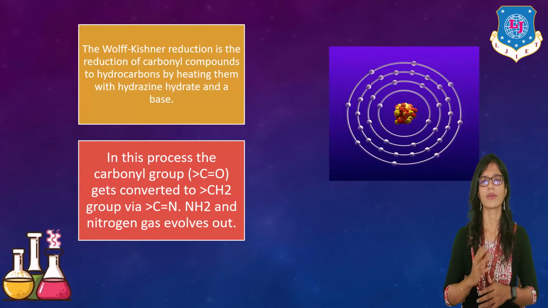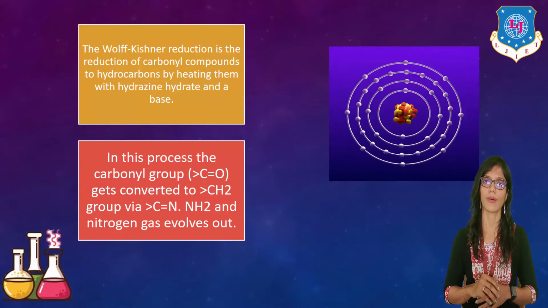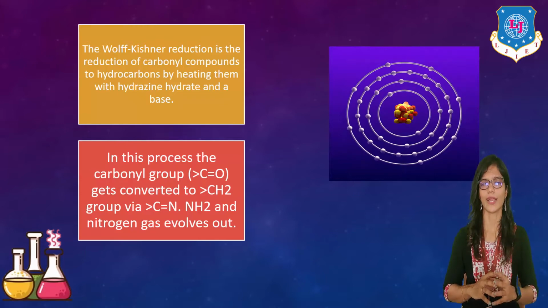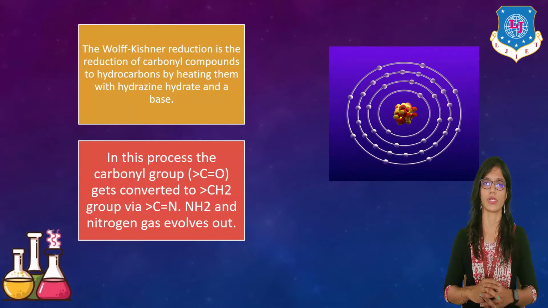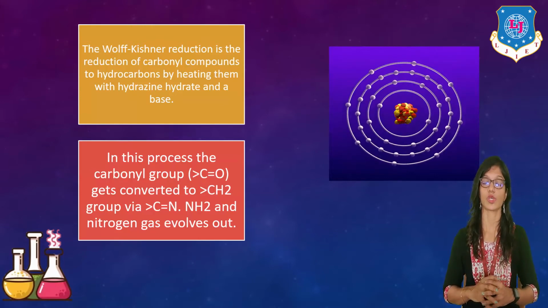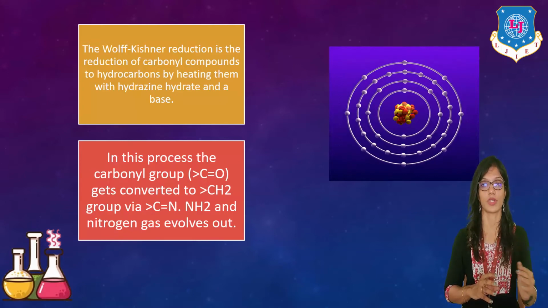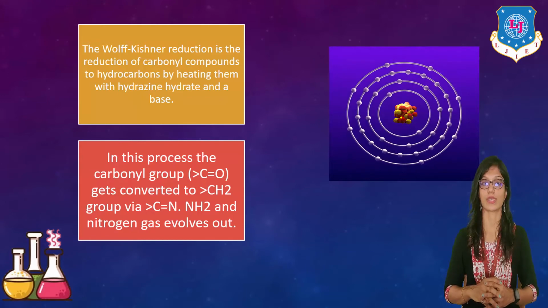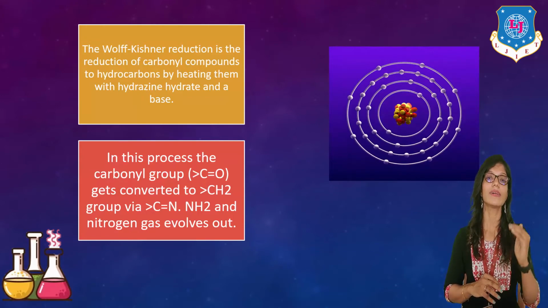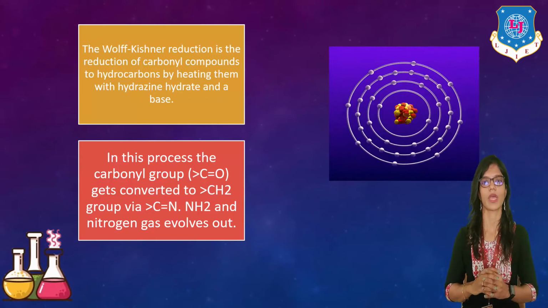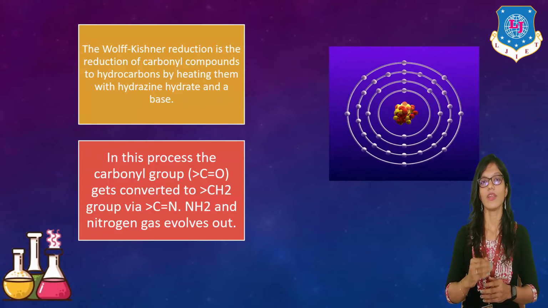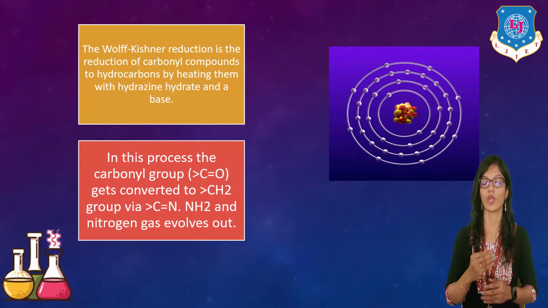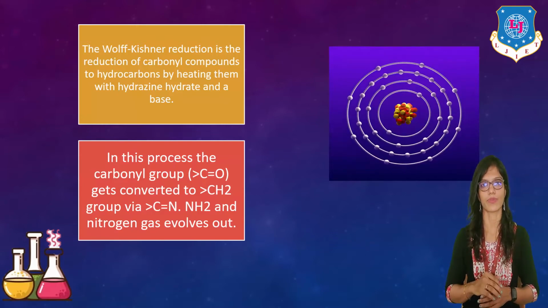There are certain types of reactions, say for example, oxidation-reduction reactions, substitution reactions, electrophilic substitution reactions, or nucleophilic substitution reactions. That also involves radical substitution reaction. So there are different types of reactions, depending upon the product that we will obtain.